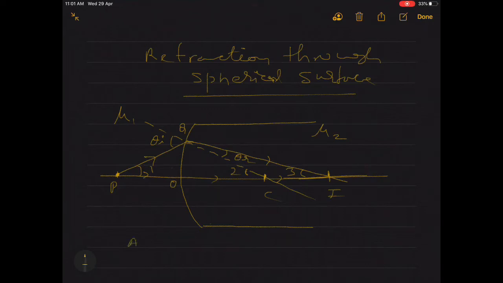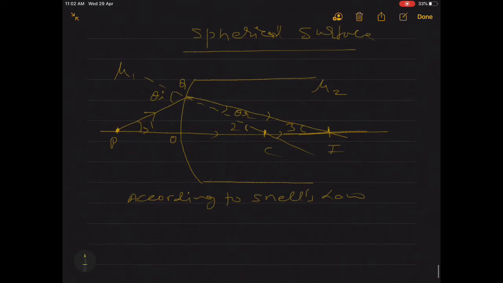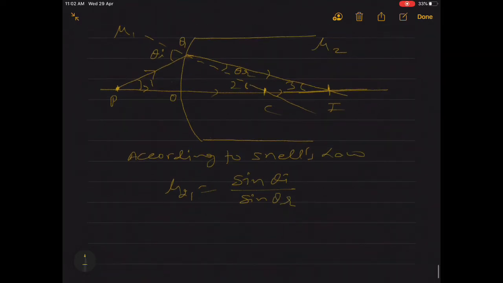So if we follow Snell's law, then we can write mu21 is equal to sin theta I upon sin theta r.